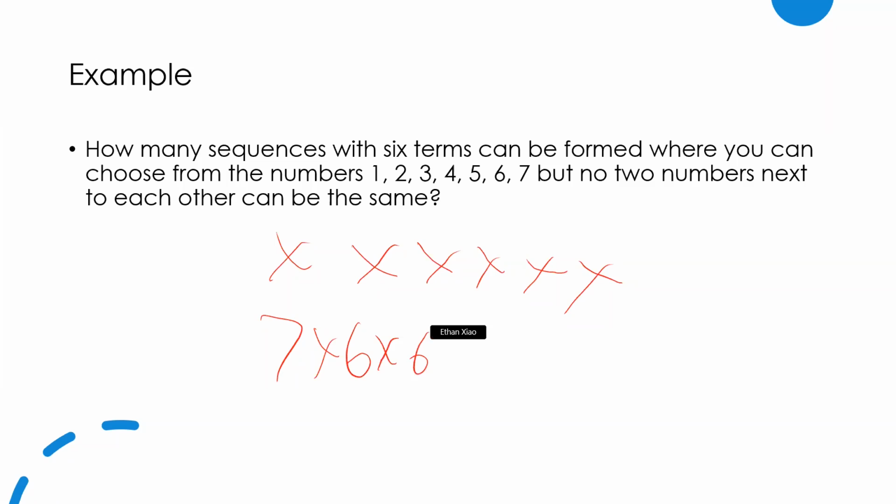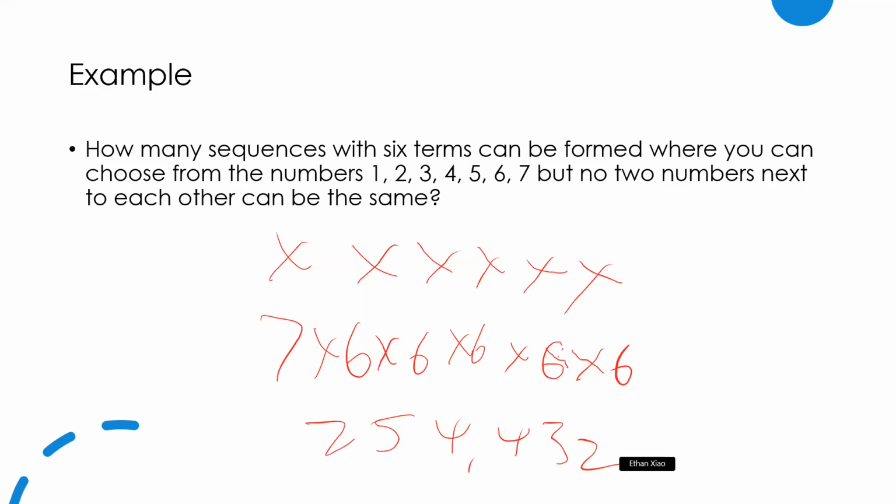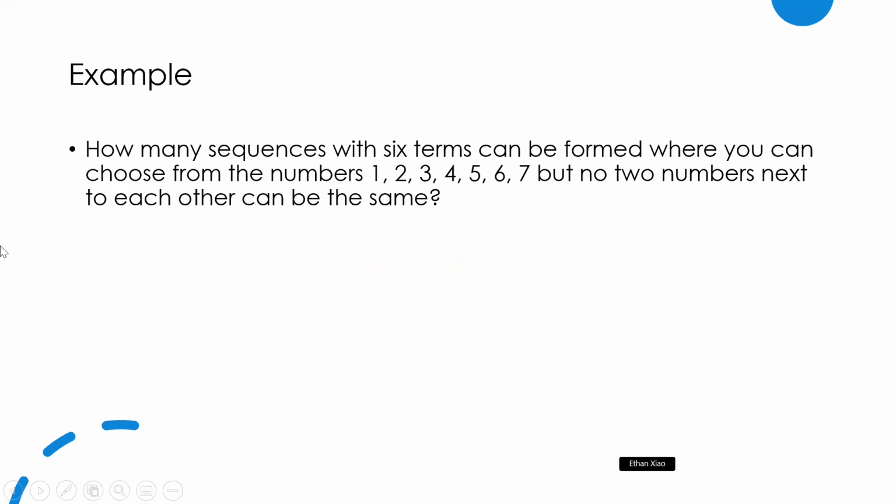So times 6, and we do the same thing, times 6 times 6. When we multiply these together, we get 54,432. So that's really what constructive counting is all about, finding the number of possibilities for each digit.